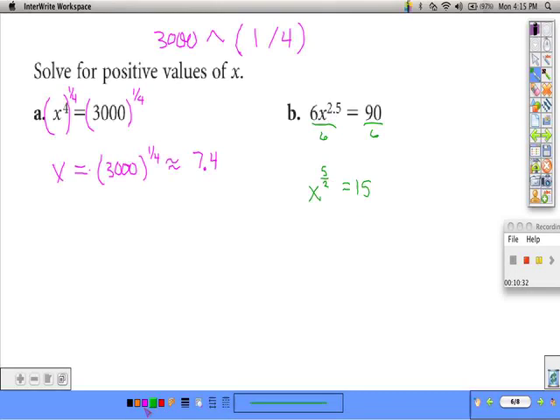And by looking at this as a fraction, I can think about what exponent would I multiply 5/2 by to cancel it out? 2/5. That leaves me with x equals, again, 15 raised to the 2/5 in parentheses. That does not give us an exact answer, but it approximately gives us 2.95.